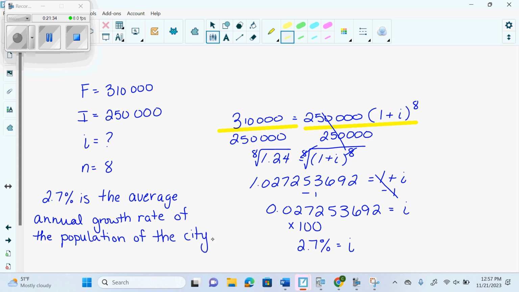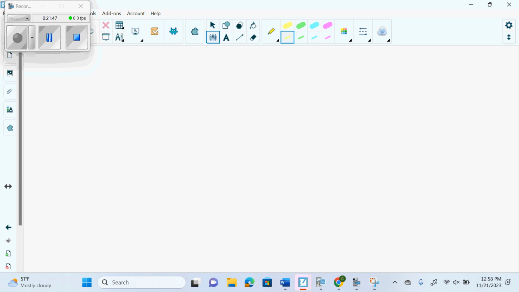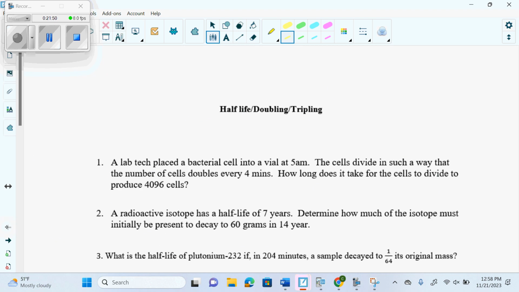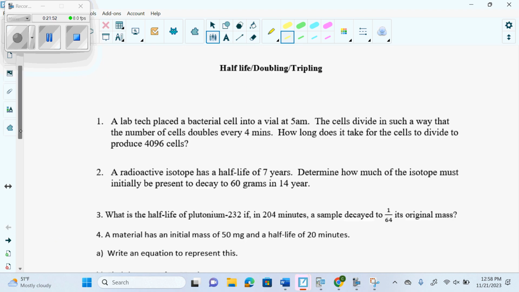Okay, then we're going to flip over. We're going to look at half-life, doubling and tripling. So half-life, doubling and tripling would still follow the same scenario. We would have F equals I. Now, normally we had a 1 there, correct?